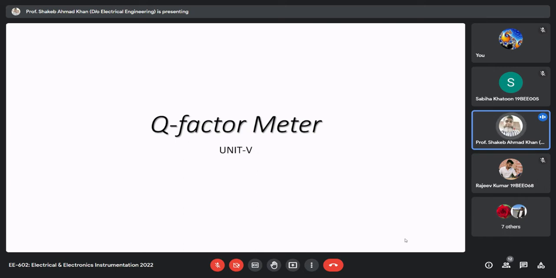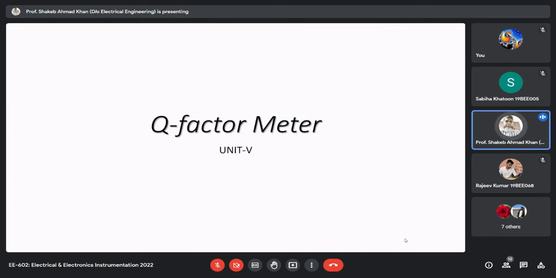So how can we measure quantitatively? How can we measure that whatever inductor coil that we have designed, it is having good value of inductance in comparison to the resistance? So this quality factor is basically that parameter through which we try to decide and determine how good is your coil, inductor coil.